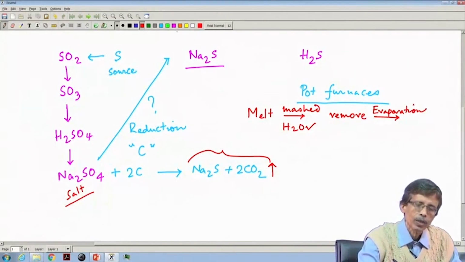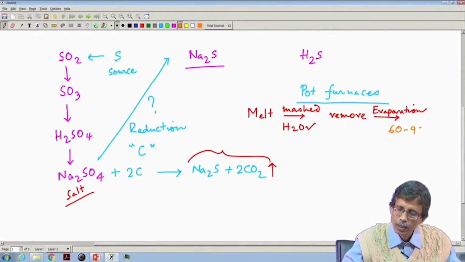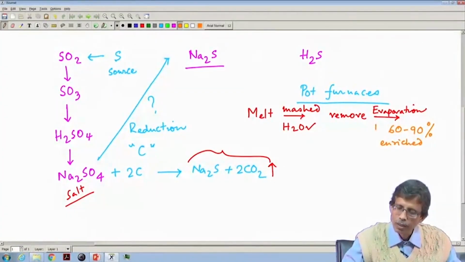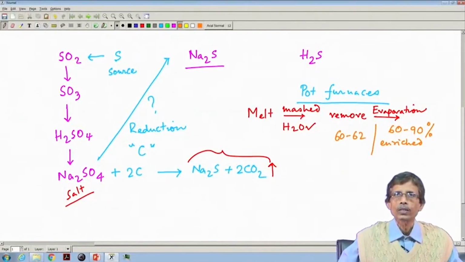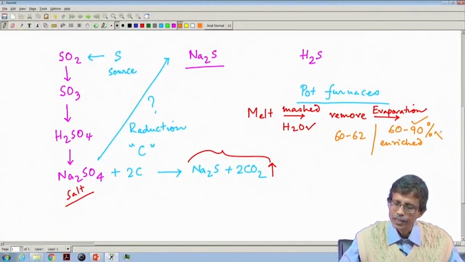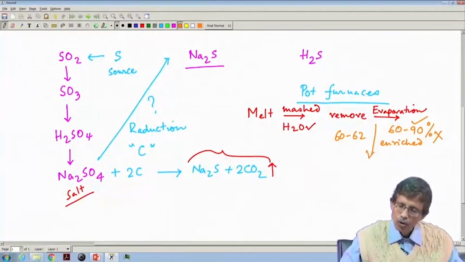Through that evaporation, you get corresponding enrichment; a concentration from 60 to 90% can be achieved, but roughly speaking 60 to 62% is basically achieved, because the high range is not very easy to achieve. Then we go for crystallization or solidification.